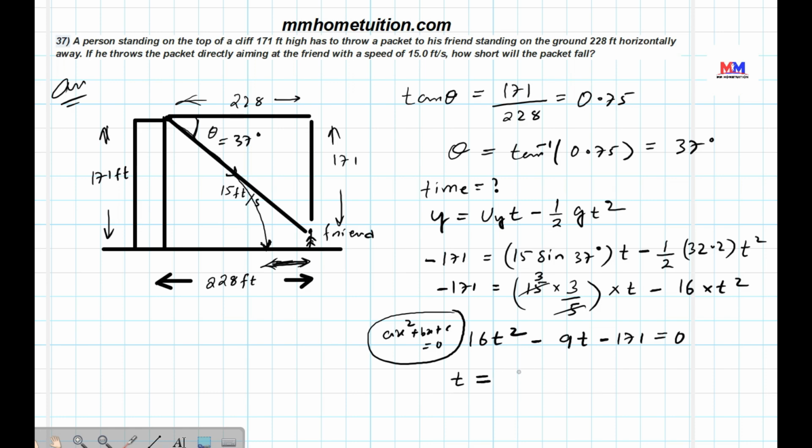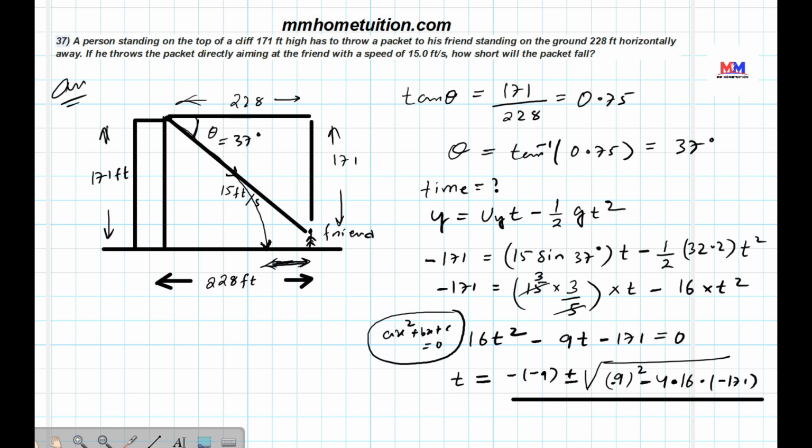That is t equals minus b plus minus root over of b square minus 4ac, divided by 2a. Here a is 16, b is minus 9, c is minus 171. So after solving this, t equals how much?